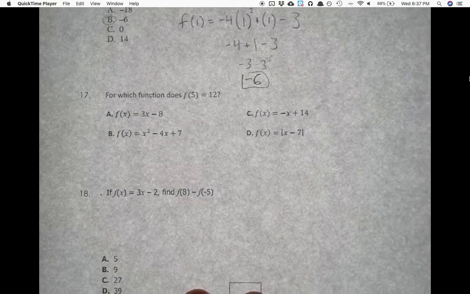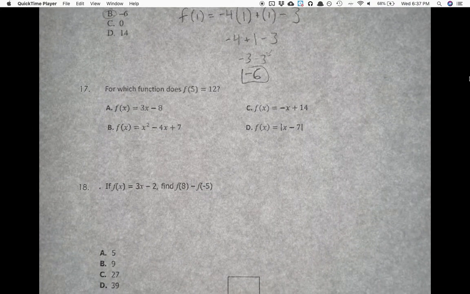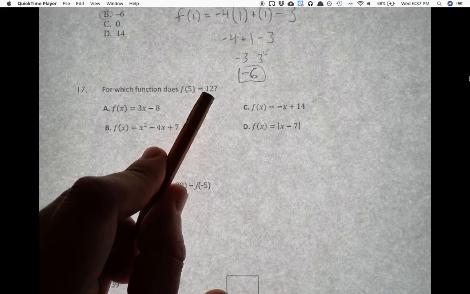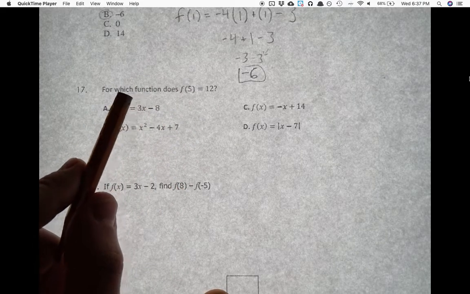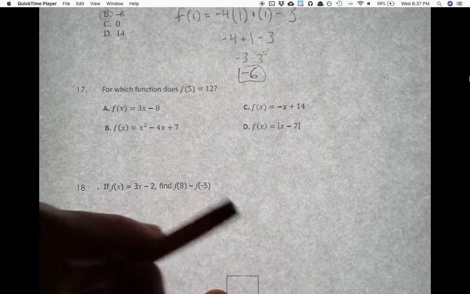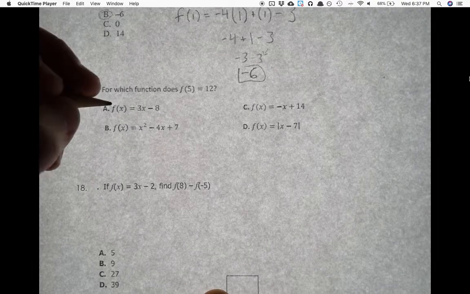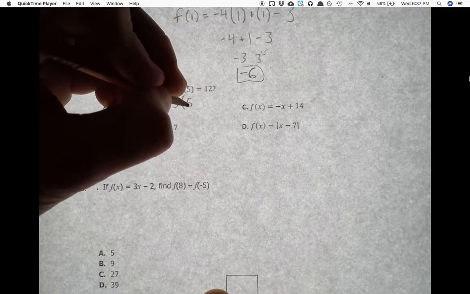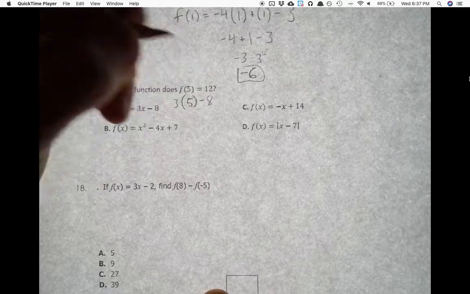Question 17. For which function does f of 5 equal 12? What we can do here is start plugging in 5 for my x's until I find something that makes it work. For this f of x, let's try 3 times 5 minus 8.